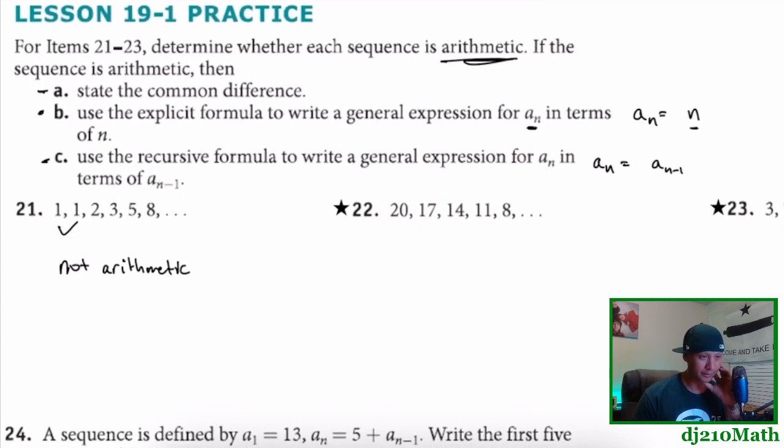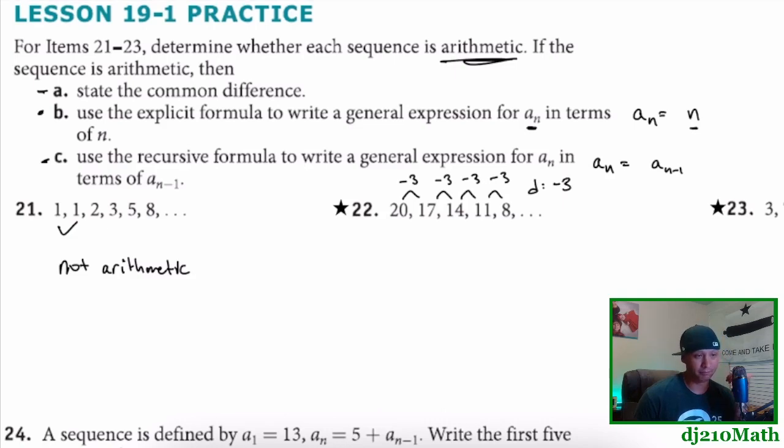22, on the other hand: 20, 17, 14, 11, and 8. Is this arithmetic? So let's see. From one term to the next, we're subtracting 3. 17 to 14, we're subtracting 3. So the common difference, little d, is -3.